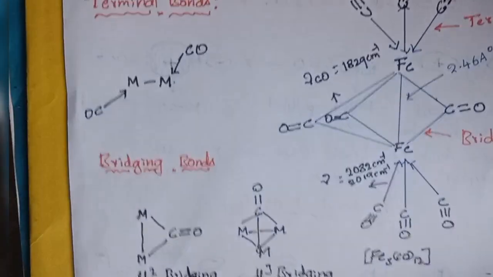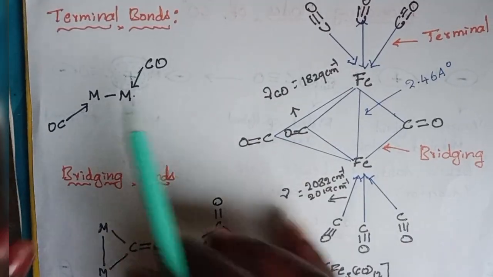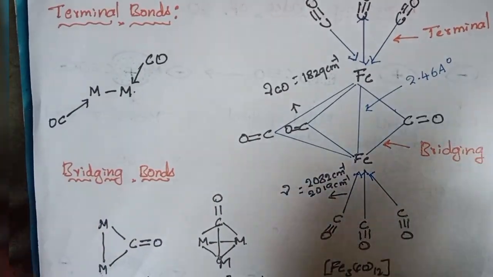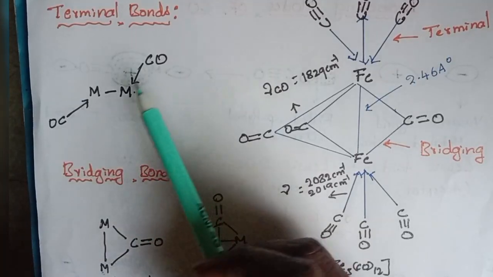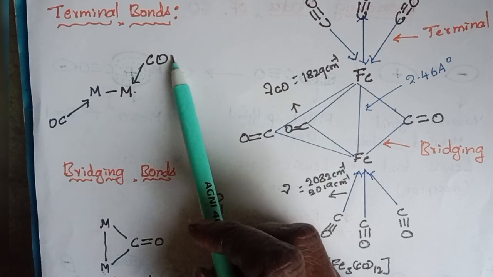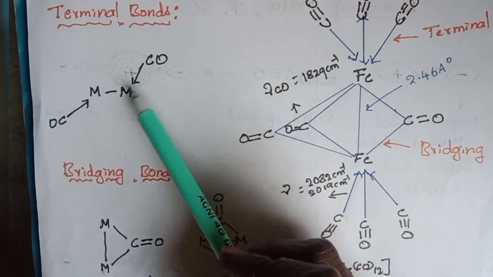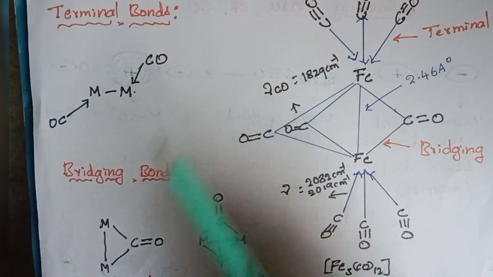The carbonyl is attached to the metal ion in terminal positions and in bridged positions. If it is attached to the metal ion in terminal position, it is called a terminal bond, that means the carbonyl is attached to only one metal, like this.